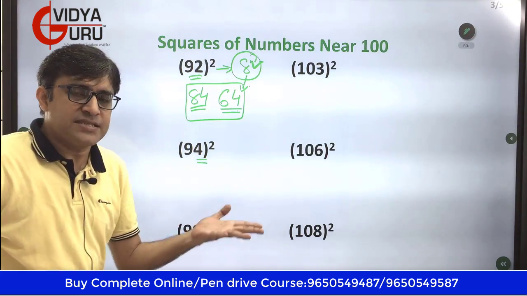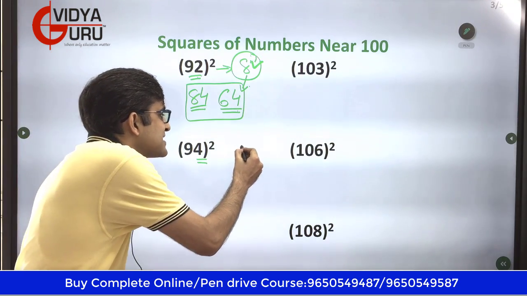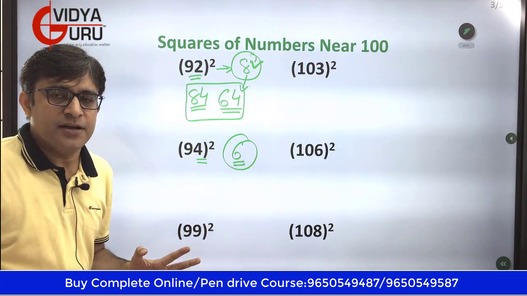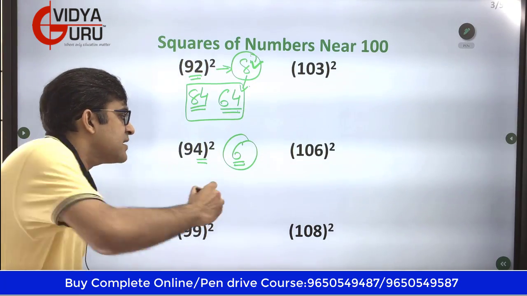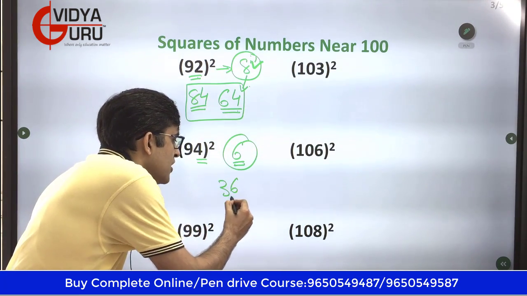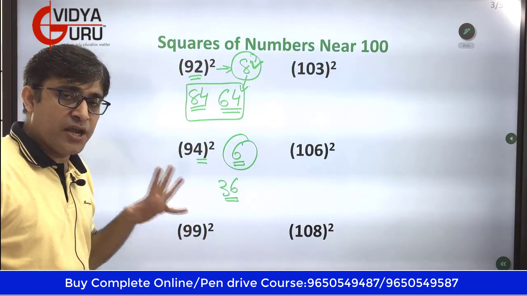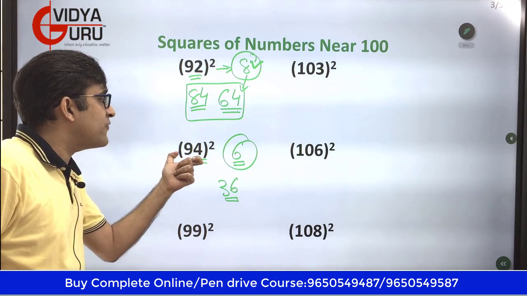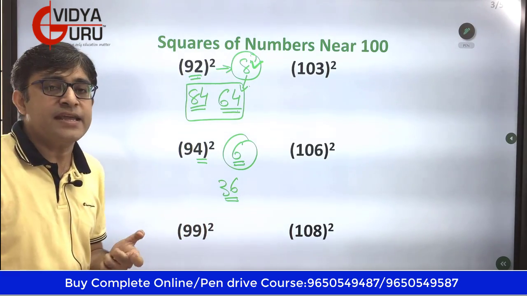94. How less is it as compared to 100? It is 6 less. The square of 6 is 36. We know that. So 36 becomes the last 2 digits. Now this 6 will have to be subtracted from 94.